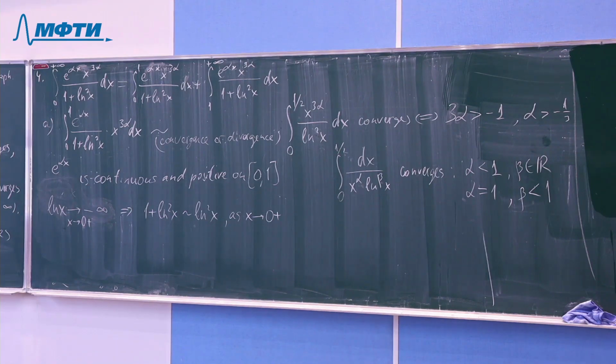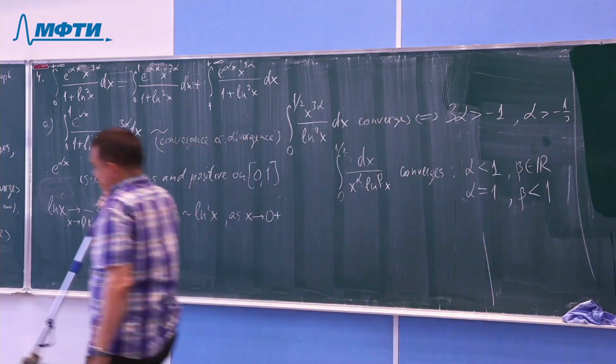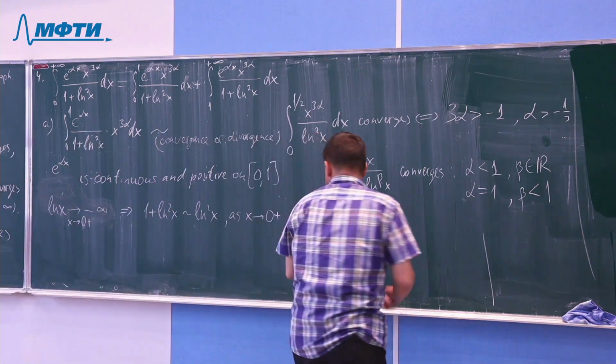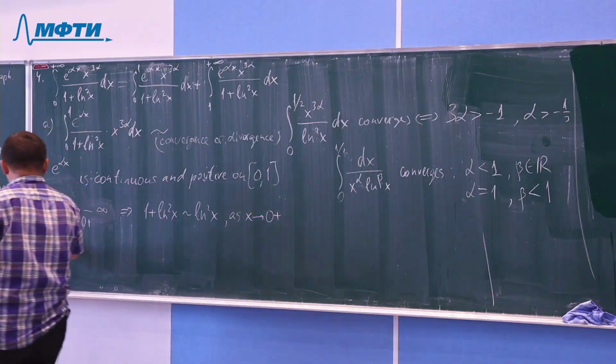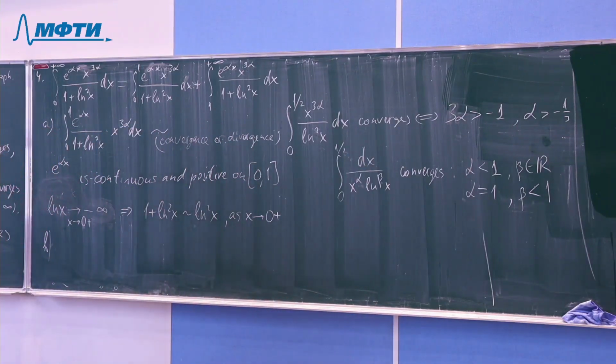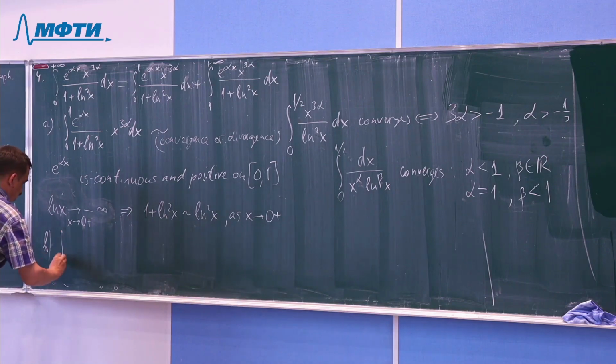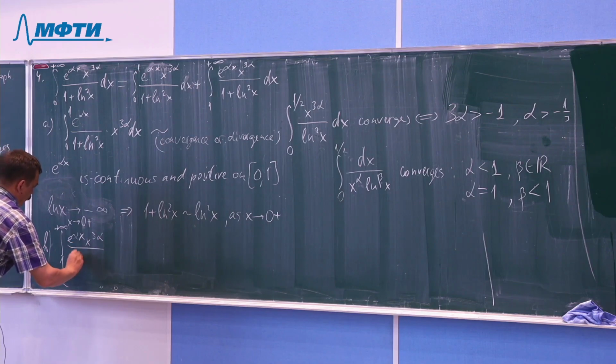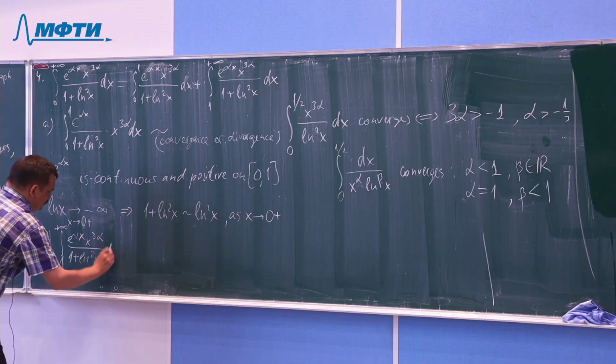Okay, part B. Integral from 1 to infinity of e power alpha x, x power 3 alpha, over 1 plus logarithm squared x dx.